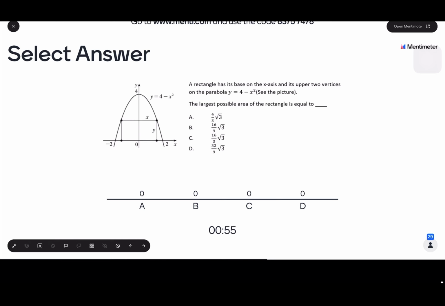Right? Don't forget the rectangle should be the whole rectangle, not only the half part. But it's okay, you can just multiply by 2 if you find the x and y only. Okay, so it should be 2x, because remember, here you get x, here you get this negative x, right? So you have the distance to be 2x. So that is the total distance for the rectangle.